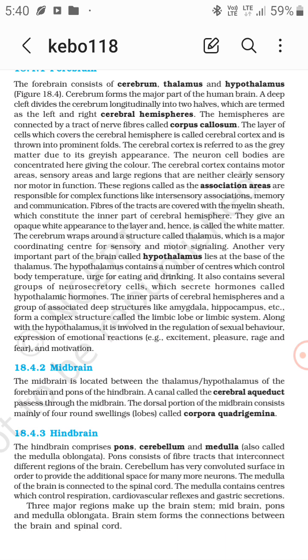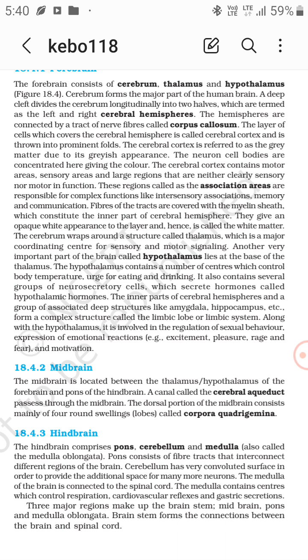The thalamus is the major coordinating center for sensory and motor signaling. Now the hypothalamus lies at the base of the thalamus and has centers which control body temperature, urge for eating and drinking. The hypothalamus has groups of neurosecretory cells that secrete hormones.